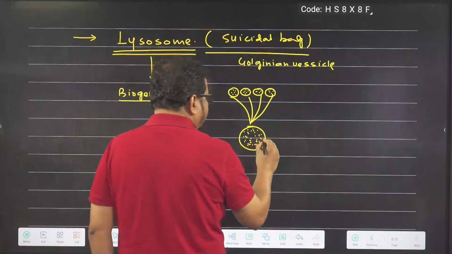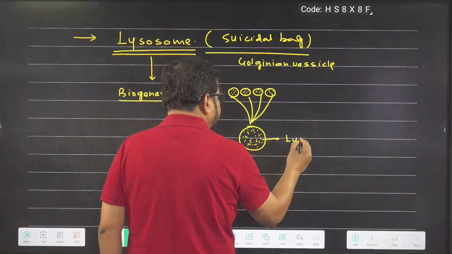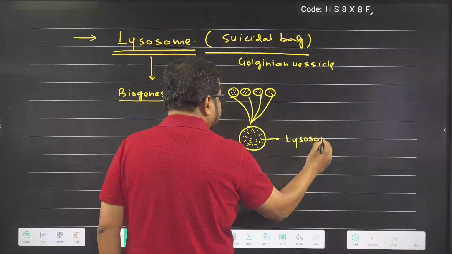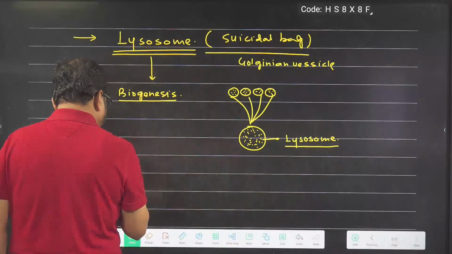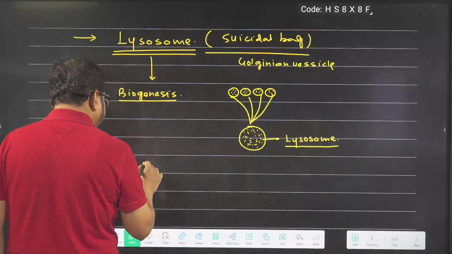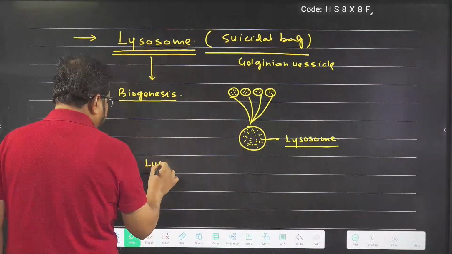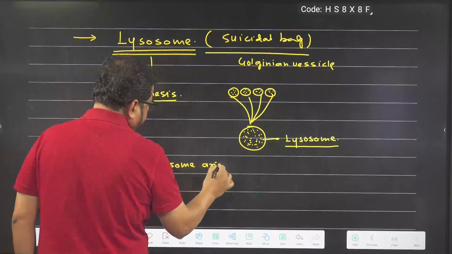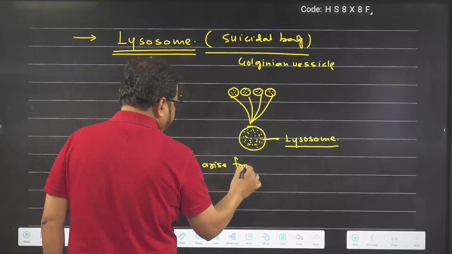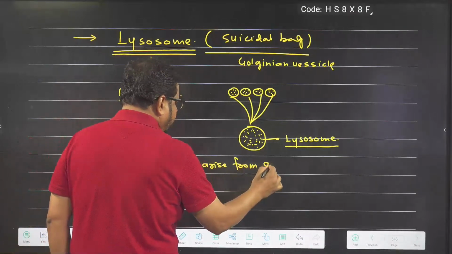This structure is called what? Lysosome. So lysosomes arise from the Golgi complex.